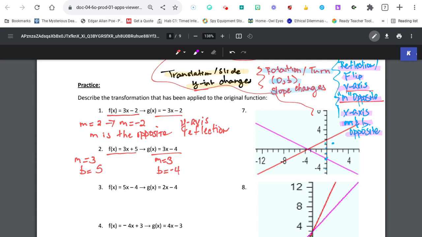So when the y-intercept changes, it's a translation. So I can say that this is translated or slid. So it went from 5 to negative 4. So it went down 9 units because 5 minus 9 equals negative 4. So it's translated 9 units down, guys.